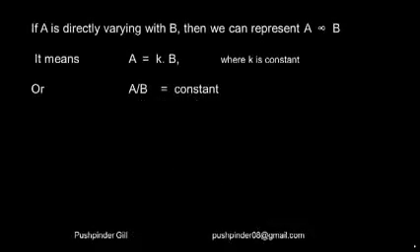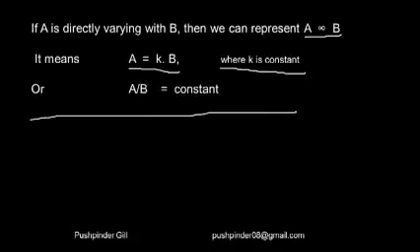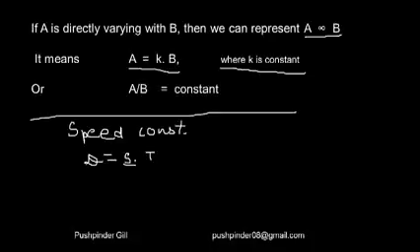Usually if A is directly varying with B, then we can represent it like this, or we can say that A is equal to K times B, where K is the constant. Let's suppose your speed is constant. So the more distance you travel, the more time you are going to take, which is nothing but distance is equal to speed into time, and speed is the constant over here.